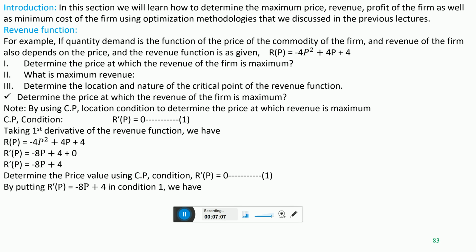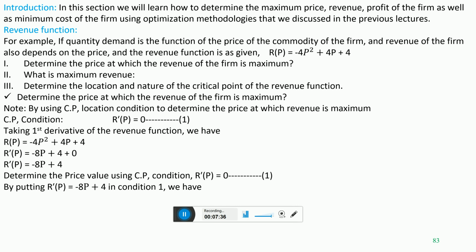In here we are looking for the highest point. Why? Because the question is to define the price at which the revenue is maximum. So we are looking for the highest point or maximum point of the function, and the maximum or highest point of the function is called critical point.